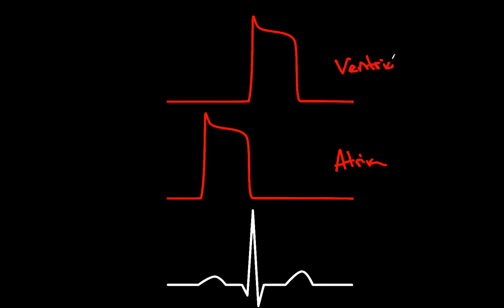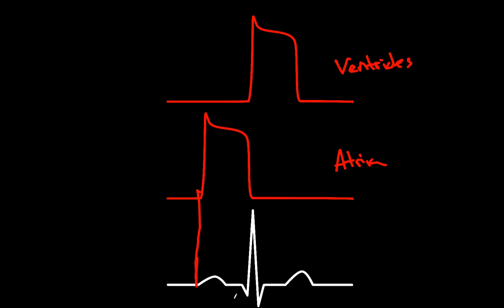Right at the beginning of the P wave, we begin to have the depolarization, or this rising phase in the atria. This is caused primarily by sodium rushing into all the atrial muscle fibers, and that is why we have this initial deflection right here.